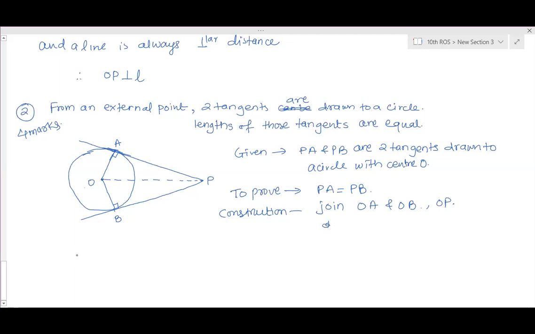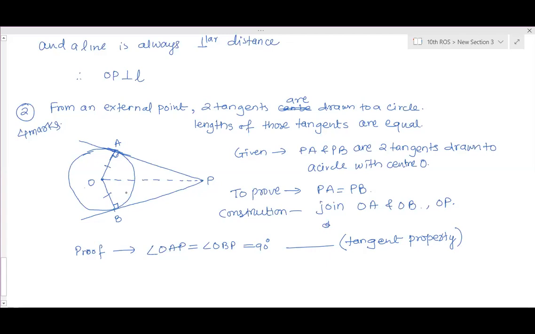Okay. Now proof. Angle OAP is equal to angle OBP is equal to 90. Reason: tangent property. We have to prove congruency between OAP and OBP. We have two angles of 90. OA and OB are equal. Reason?